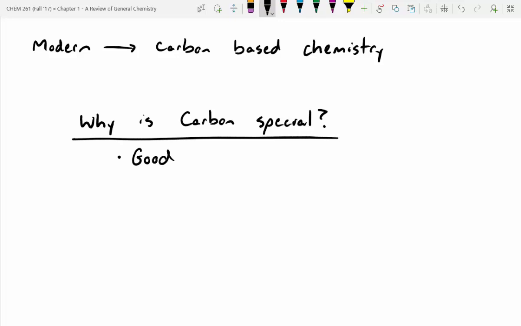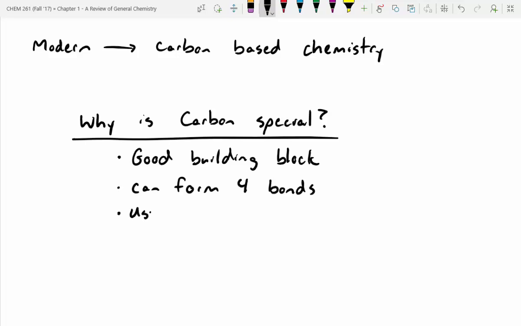Four valence electrons, so it can form four bonds. What type of bonds does it typically form? Ionic or covalent? Covalent. So it usually forms covalent bonds.